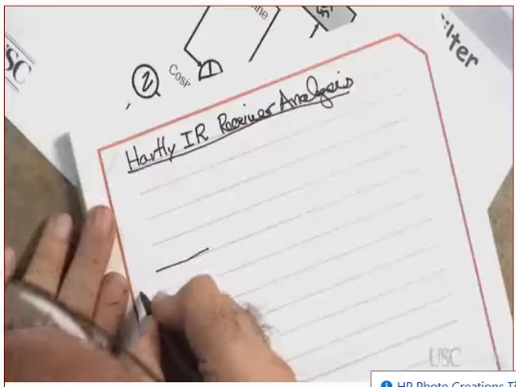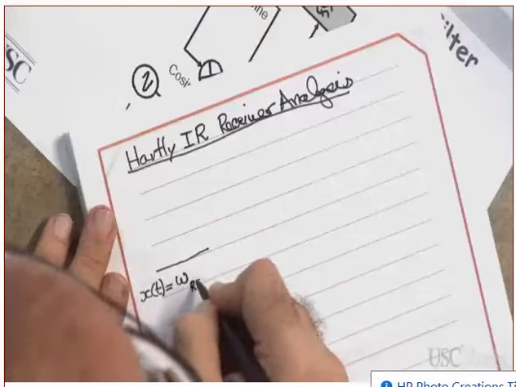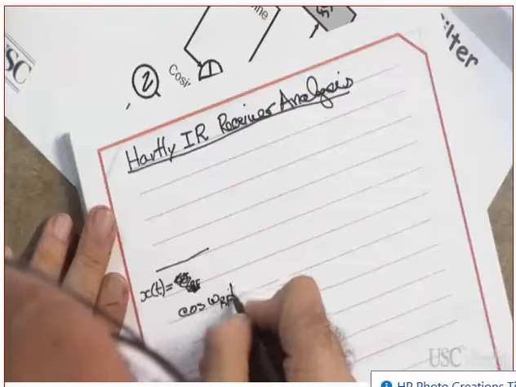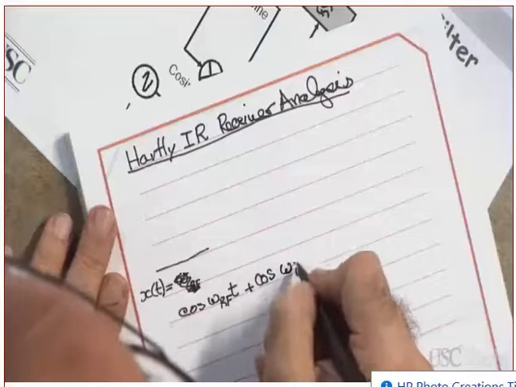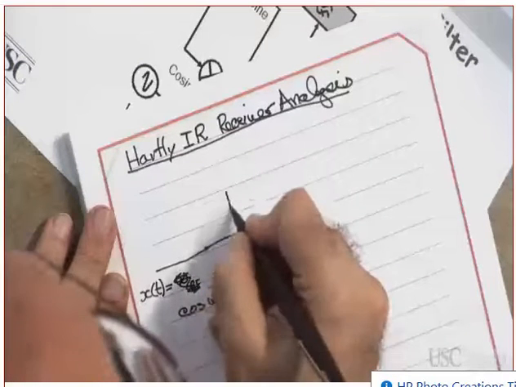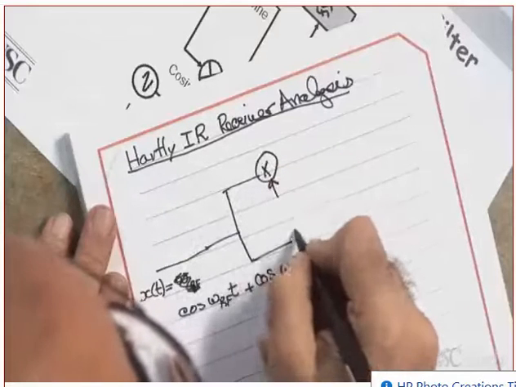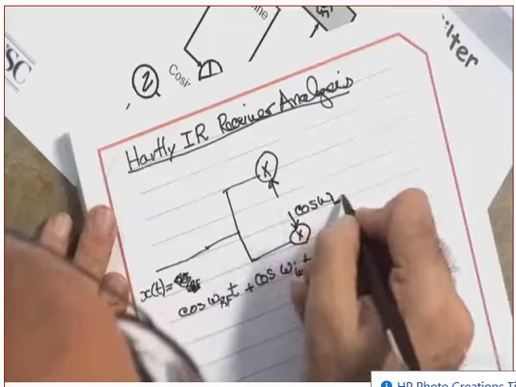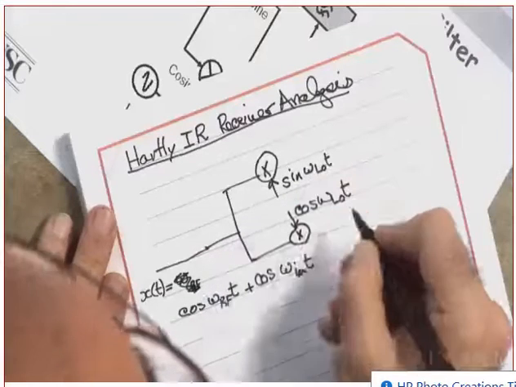Okay, so what do we have? The input, let's call it x of t, consists of cosine omega RF t plus cosine omega IM t. This is cosine omega LO t, and this one is sine omega LO t.